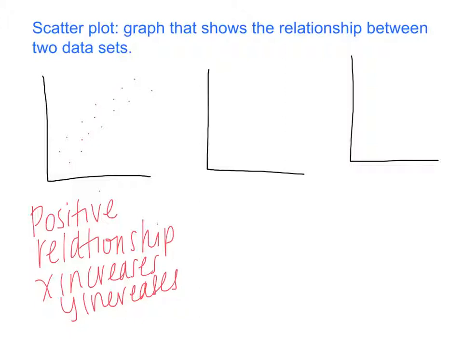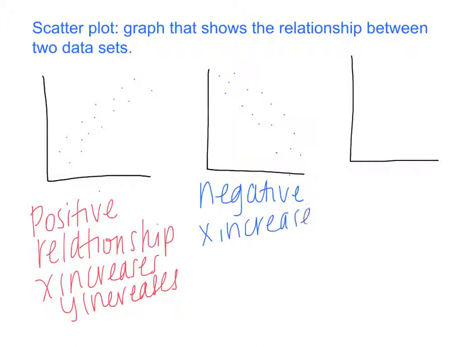Another type of relationship that we could see is the opposite. In this next example, a negative relationship. That's just as x increases, y decreases.